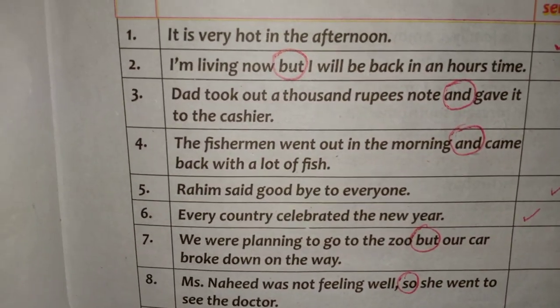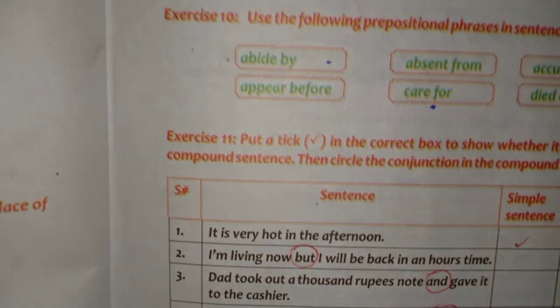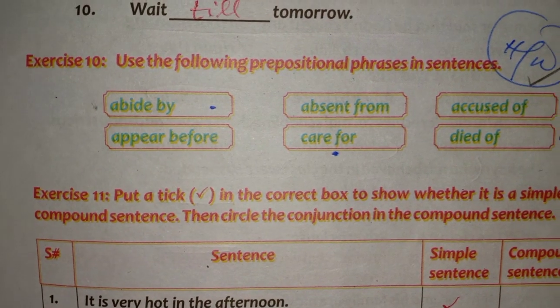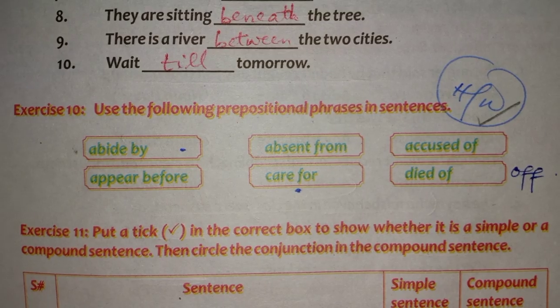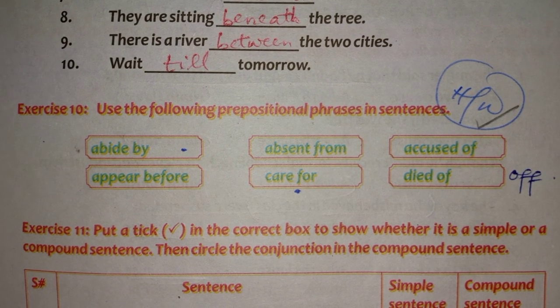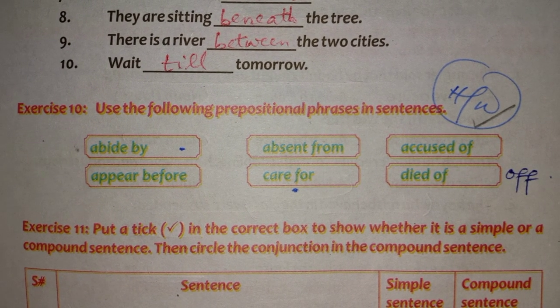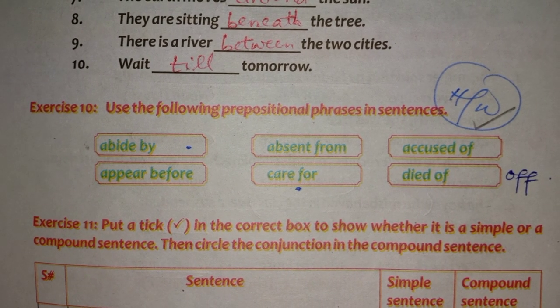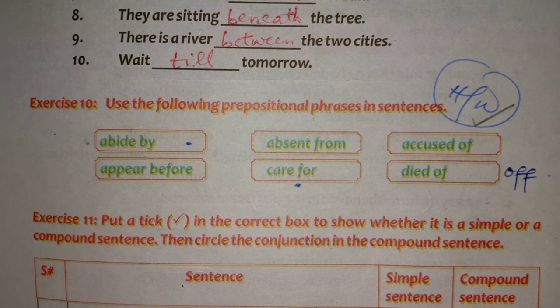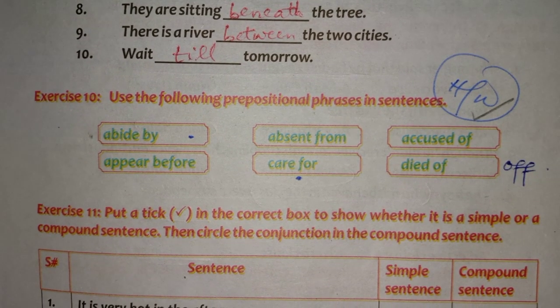So dear students, your today's homework is exercise 10. Use the following prepositional phrases in sentences: abide by, absent from, accused of, appear before, care for, died of.